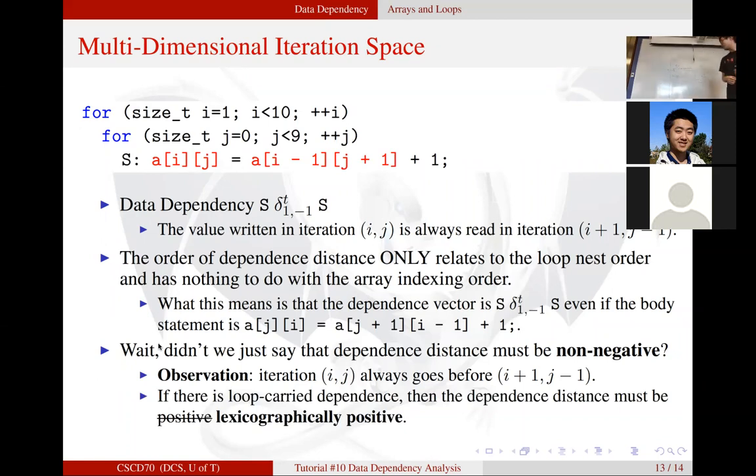That is, for the dependency distance from the left to the right, the first non-zero distance must be positive. So this is what we mean by lexicographically positive.